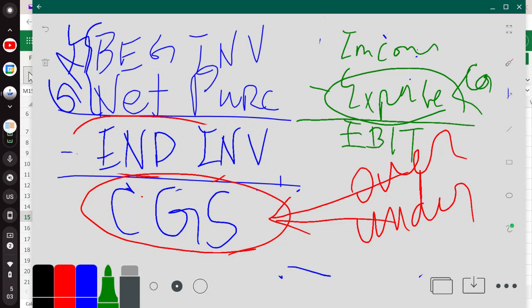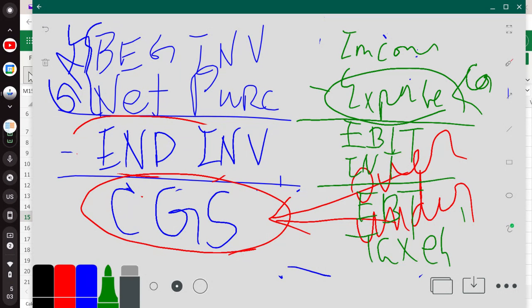If EBIT becomes smaller, then what does that mean? After paying taxes, EBT becomes smaller. If the EBT becomes smaller, taxes will be smaller. In other words, you will be saving on taxes. So many companies have incentives to overstate their CGS.